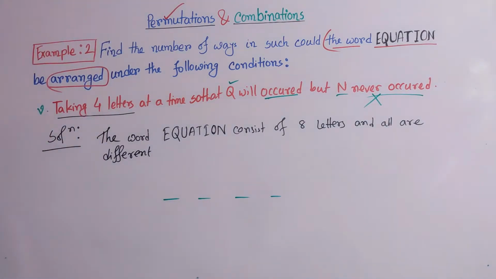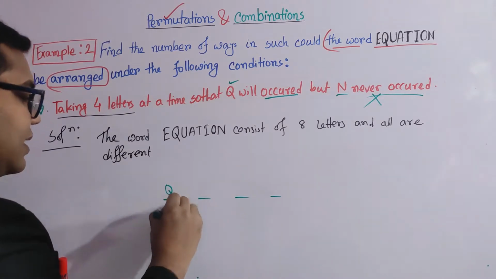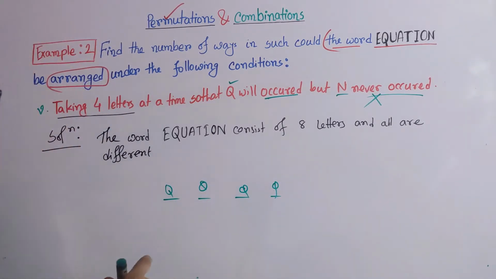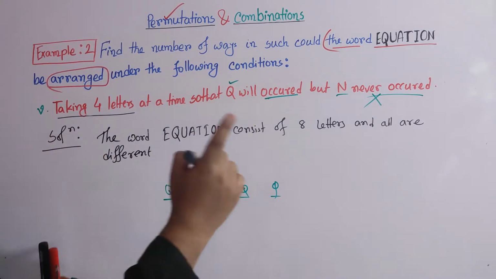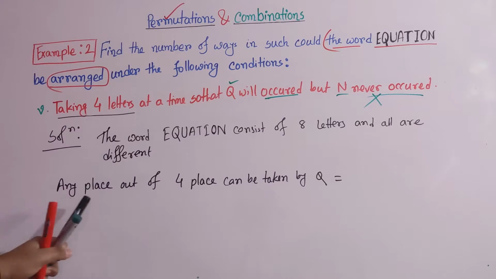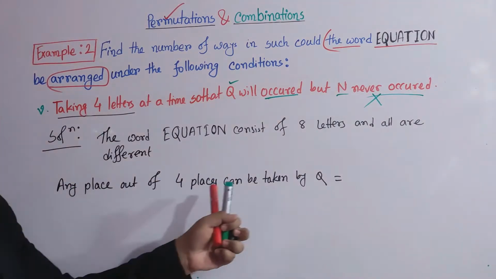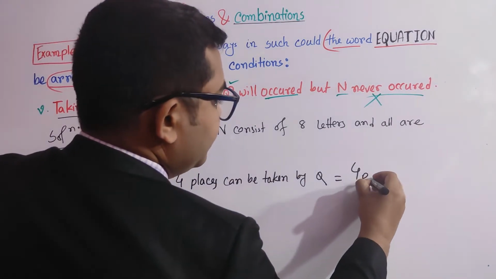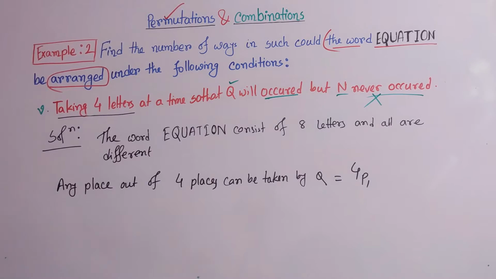In these 4 places Q can take any place. Q may stay here, or here, or here, or here. So there will be 4 options for Q. How can we write it? Any place out of 4 places can be taken by Q, so there are 4 places and Q will take only 1.